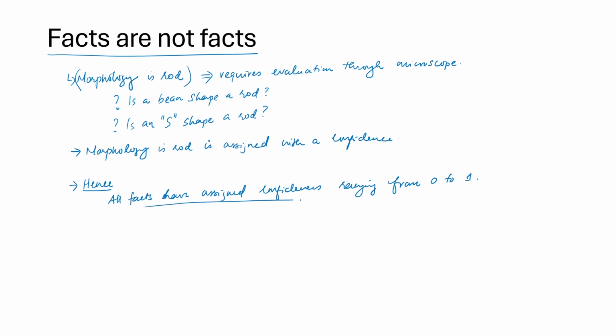Because somebody has to look through the microscope and say whether the morphology is rod. Now, there are conditions where something might look like a bean. So, whether the bean is a rod or is a rod shape. Hence it was assigned a confidence. So, for MYCIN, all facts were assigned a confidence from 0 to 1.